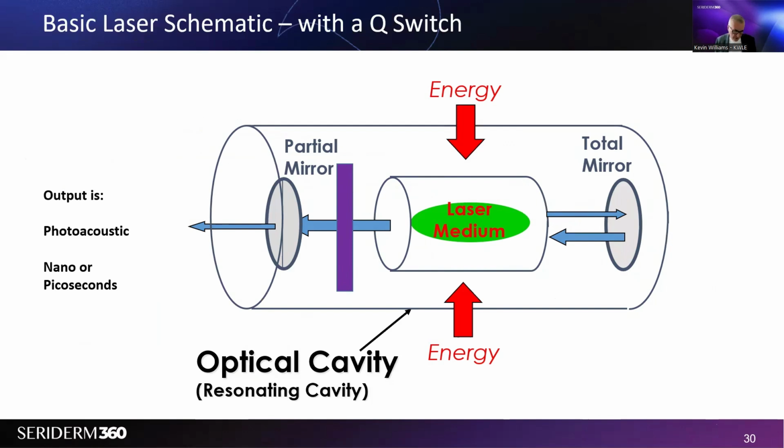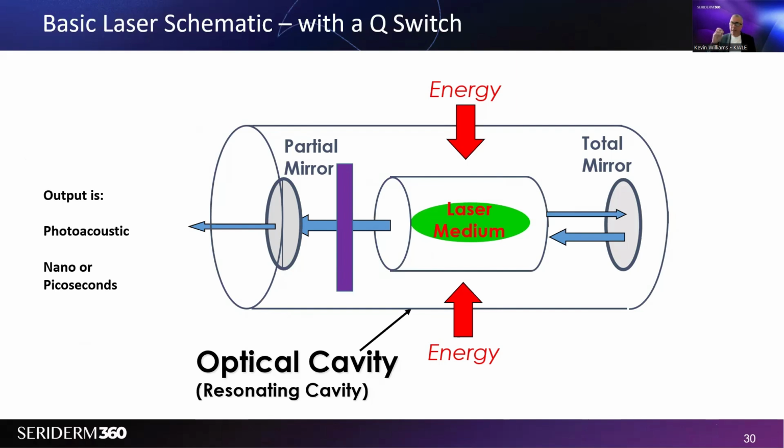When you're in a Q switch system, when you go from standby to armed, the laser immediately fires, and what it's doing is storing these photons in this Q switch. The moment you put your foot on the foot switch or a trigger switch, the Q switch opens, and you get a pulse of light coming out, which is creating an acoustic effect. It could be several nanoseconds, it could be picoseconds, okay?